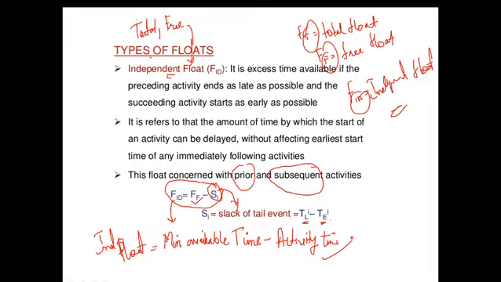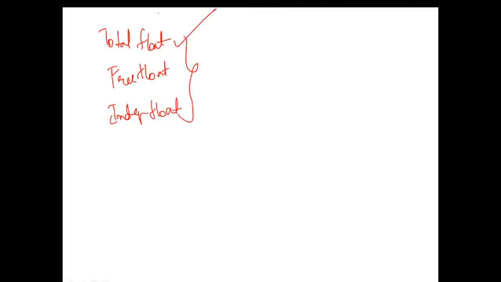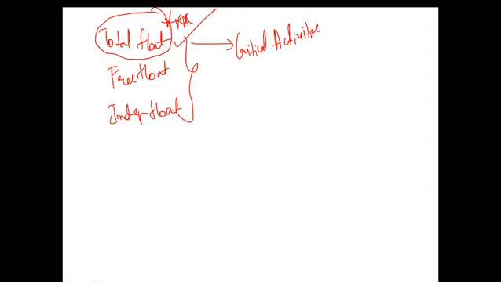Okay. So, out of all these floats, total float, free float, and independent float, this total float is very much important, because it gives us the information about critical activity and critical path.